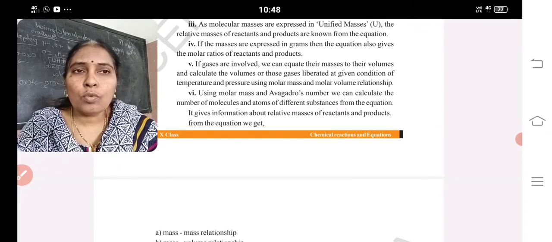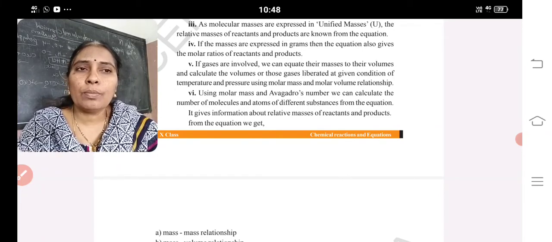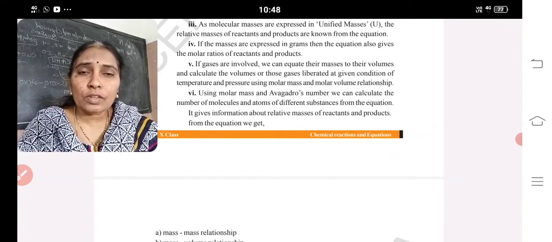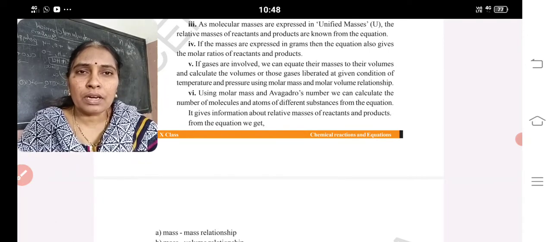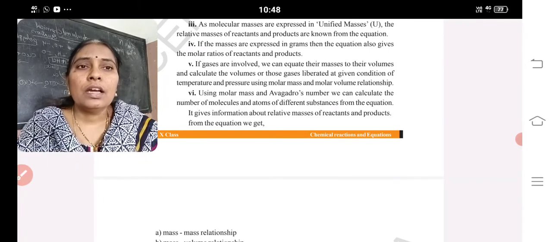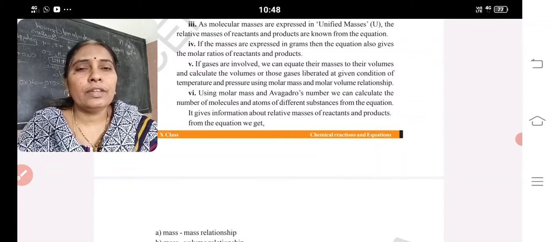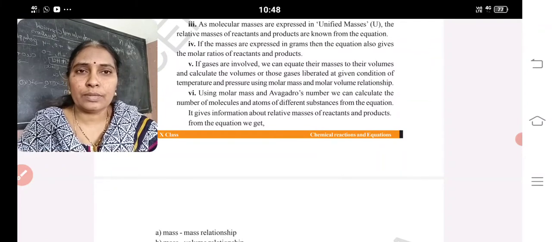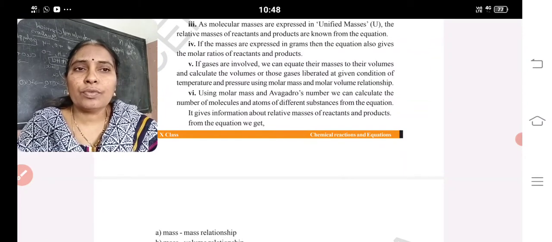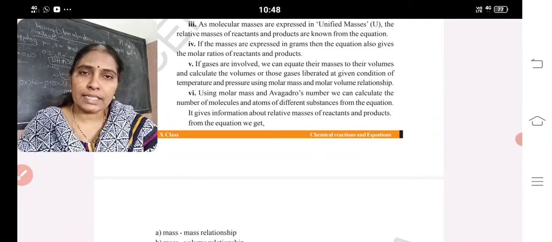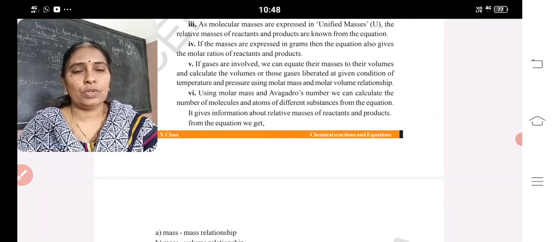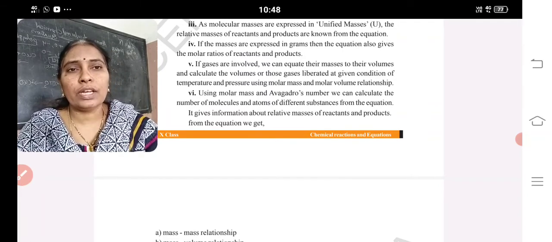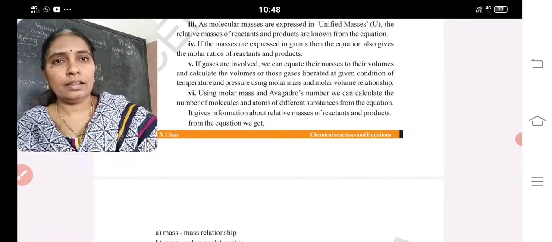And using molar mass and Avogadro number, what are you going to find? The number of molecules and atoms of different substances from the equation. It gives information about relative masses of reactants and products. All this we get from a chemical equation; that is interpreting chemical reactions.